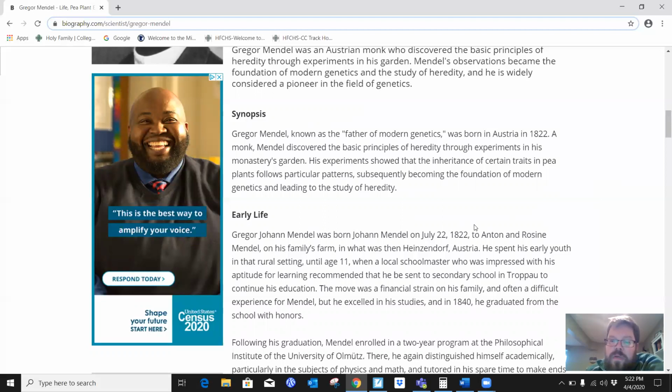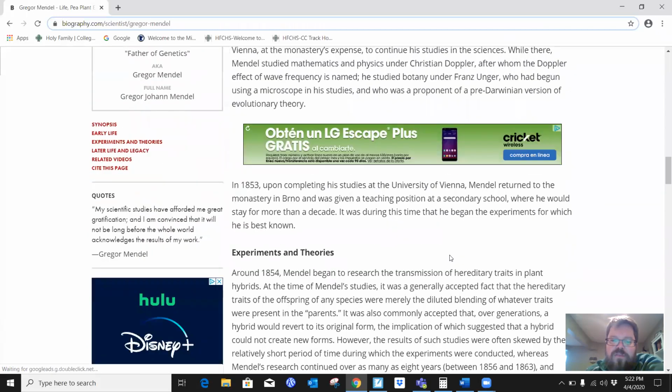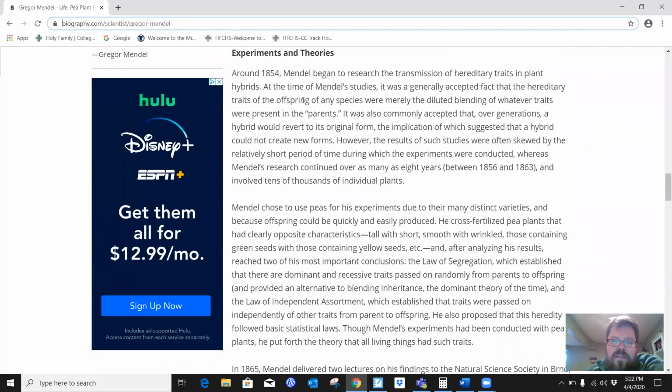He was born in 1822. That's a long time ago, right, guys? He did his primary experiments, I believe, in the 1850s. Right around 1854, he began to research transmission of hereditary traits in plants and plant hybrids. So we're talking 1850s.